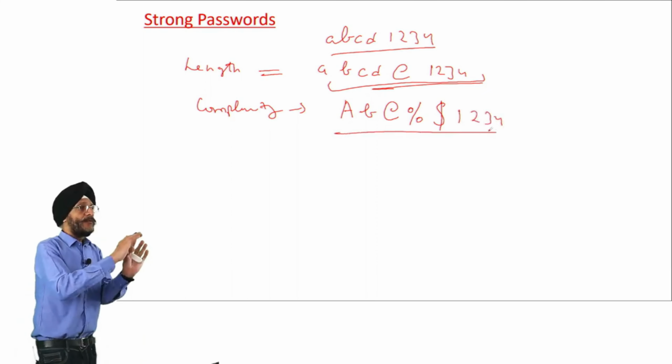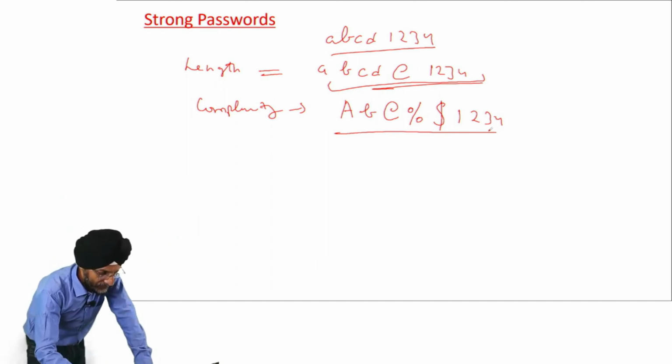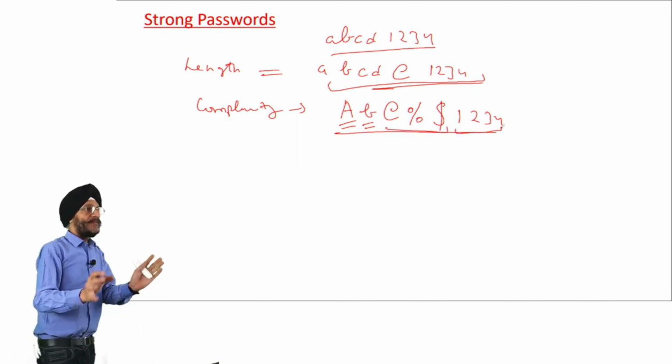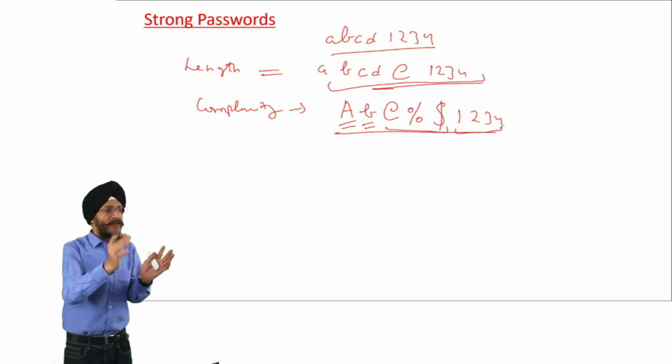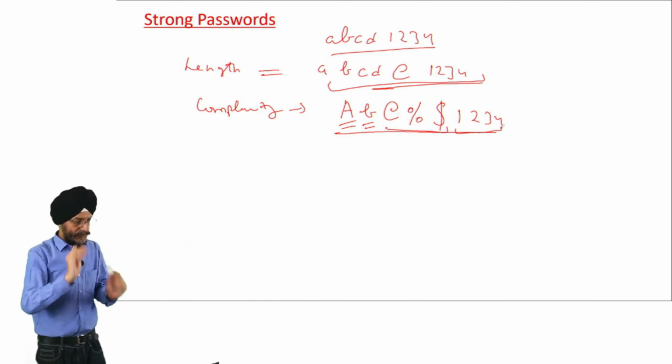In this way we can make the password strong. Here this is the uppercase, this is the lowercase, these are the special characters, and these are the numerals. I am only giving an example here.